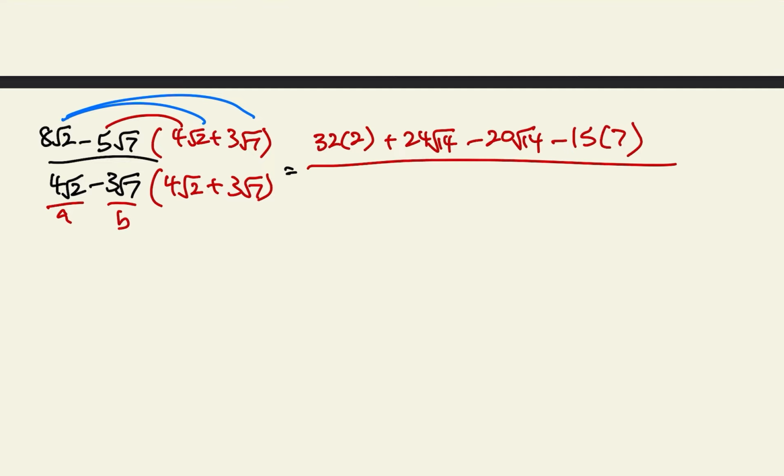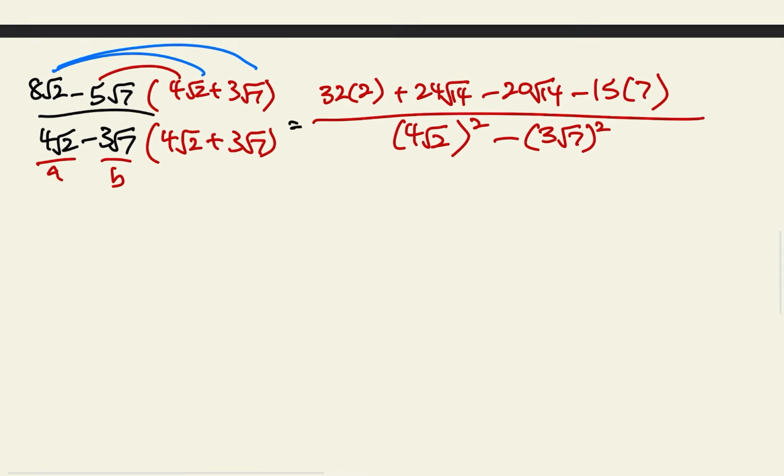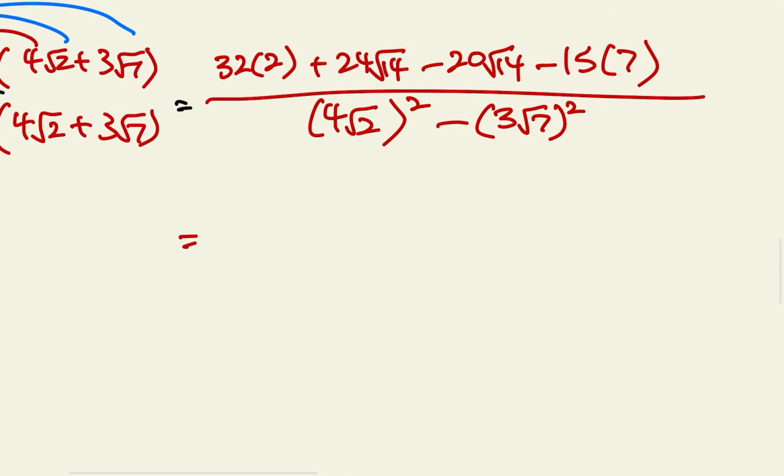Now for our denominator, we can just use that rule and apply it here. So 4 square root 2 square minus 3 square root 7 square. Now if we work things out, 32 times 2 is just 64, and negative 15 times 7 is minus 105.